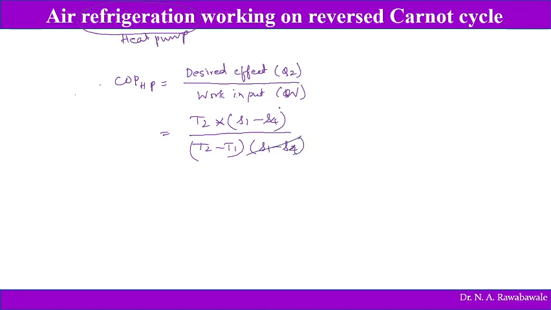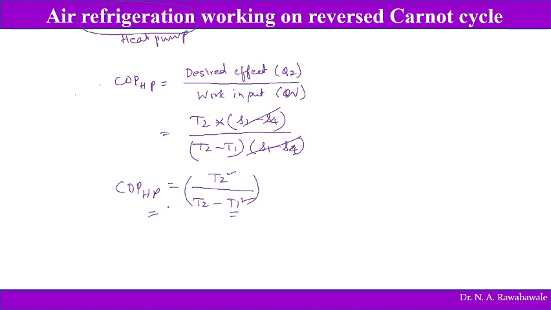S1 minus S4 gets cancelled. So the COP of heat pump is T2 divided by T2 minus T1, where T2 is the temperature of the body at higher temperature and T1 is the temperature of the body at lower temperature. So this is the COP of heat pump.